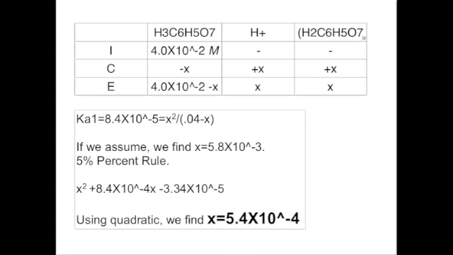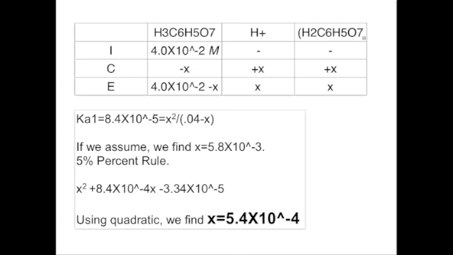So we can now assume that X is way, way less than 4.0 times 10 to the negative second. And if we just do the math, we get a number that is sadly more than 5% of 4.0 times 10 to the negative second, meaning that we can't use the way, way less than rule, so we'll use the quadratic formula.